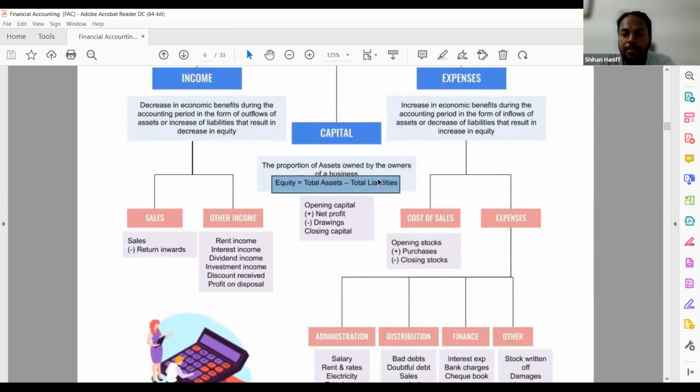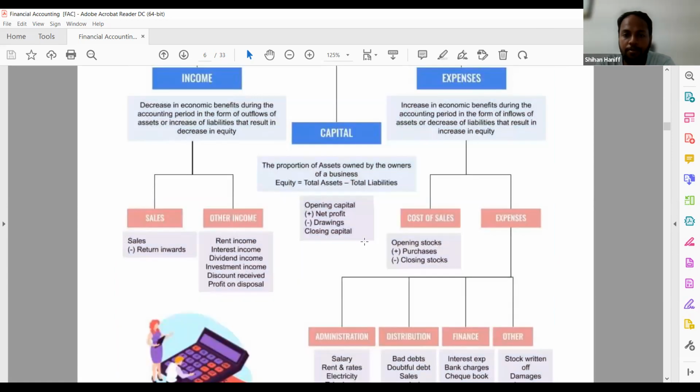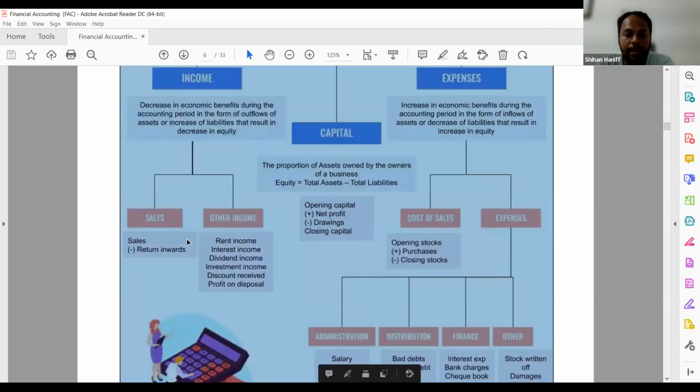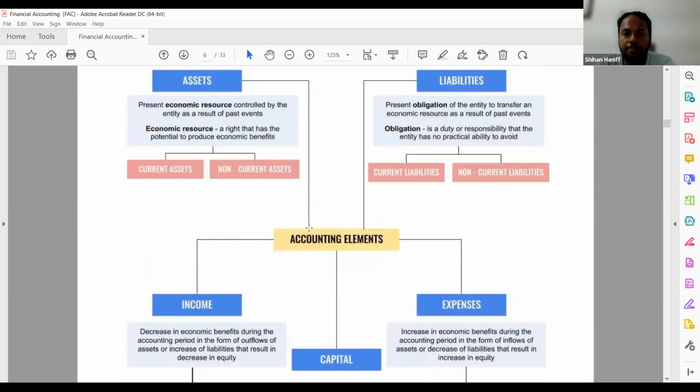So from here, we derive the accounting equation. Another way to calculate the capital is opening capital plus net profit minus drawings, to get the closing capital. I have given this because later we need it. Accounting elements, most important, this.